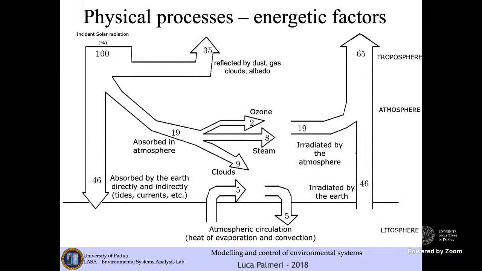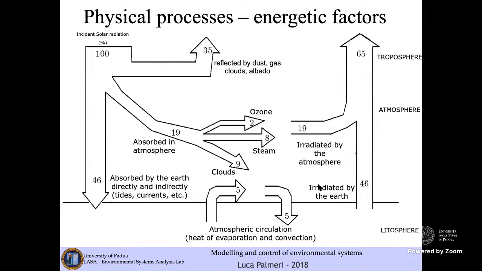I remind you that the energy balance is closed, meaning that if you make 100 the quantity of radiation arriving on the surface, then immediately 35% of this radiation is reflected by dust, gas, clouds, albedo, so these are the atmospheric processes of reflection. Of the rest, 19% is absorbed by atmospheric gases like ozone, steam, clouds, and so on, and 46% is absorbed by the Earth.